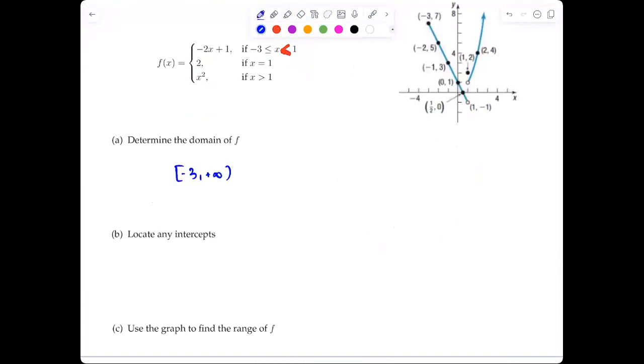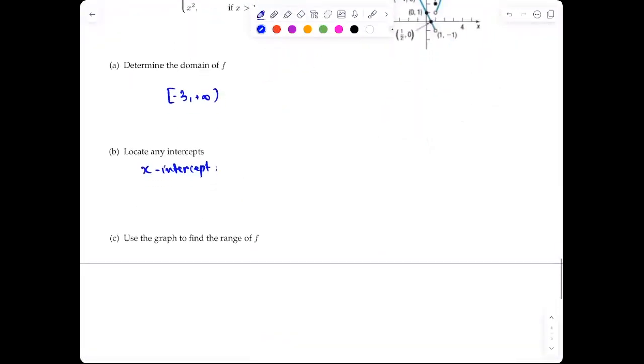Do I have any x-intercept? What is the x-intercept? 0.5, yes. So 1/2, 0. Y-intercept: 0, 1, yes.